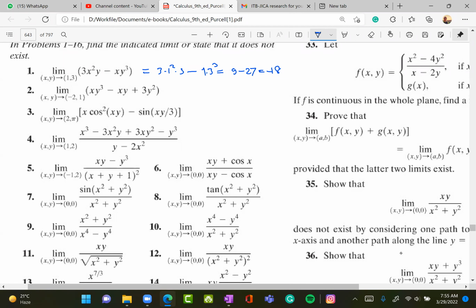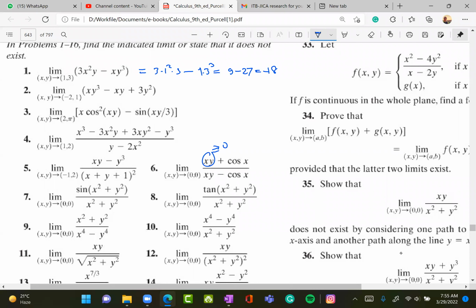Same thing here, xy approaches 0, this approaches 0, but this approaches 1. So this is minus 1. So the limit is minus 1. You can just plug in the number.